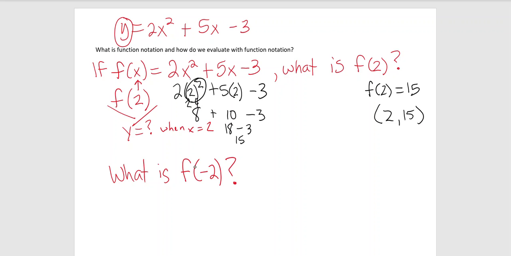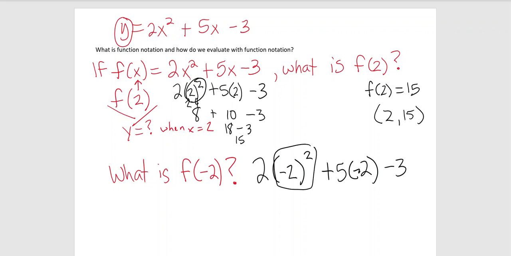If we did the same thing, f of negative 2, so everywhere I see an x, I'm going to put a negative 2, and I'm going to evaluate. Make sure we do our exponents first with order of operations. So we have to square x, then multiply by 2. A negative squared means a negative times itself, which does give me a positive. So negative 2 squared is positive 4, and positive 4 times 2 is 8.